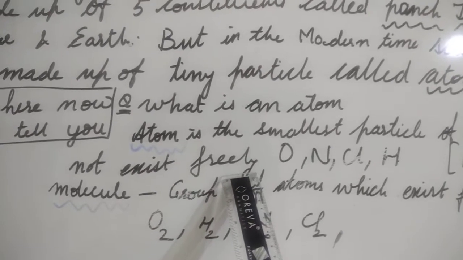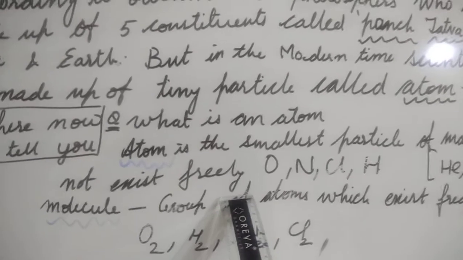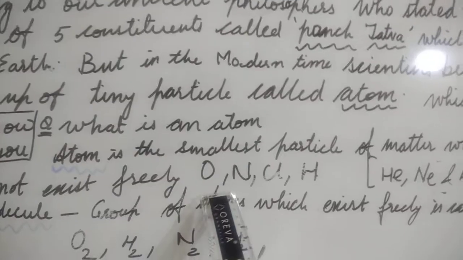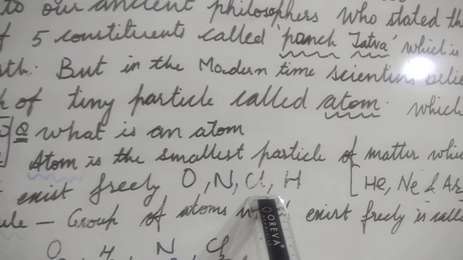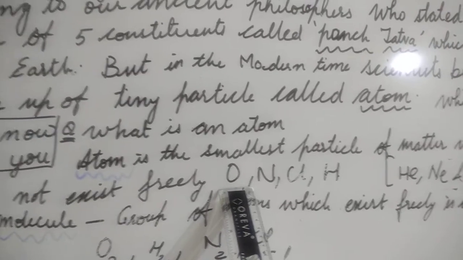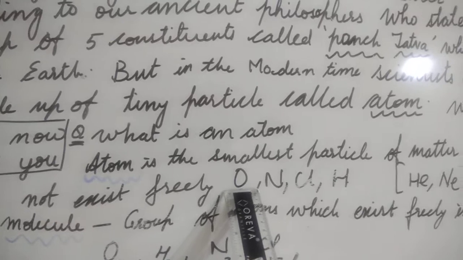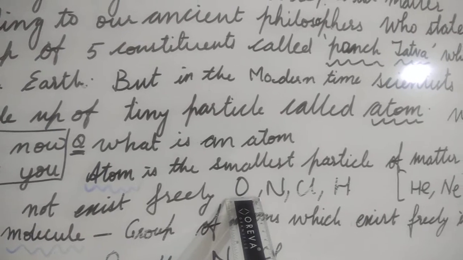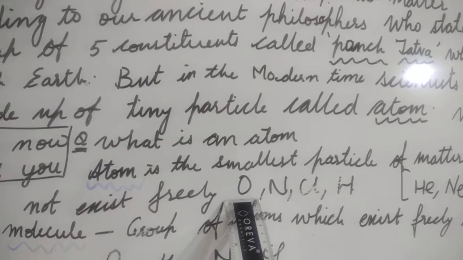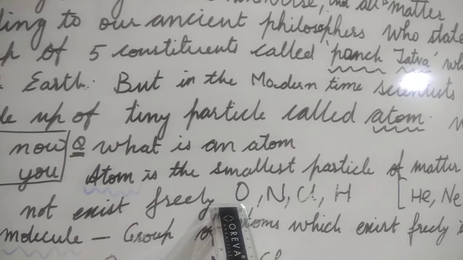I think you are knowing some elements like oxygen, like nitrogen, like chlorine, like hydrogen. So these all are the atoms. And if you know, students, that oxygen which we are having in our atmosphere do not exist as O, formula of oxygen around us is O2. So this atom is not existing freely.